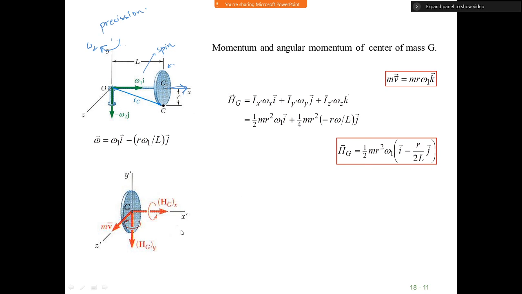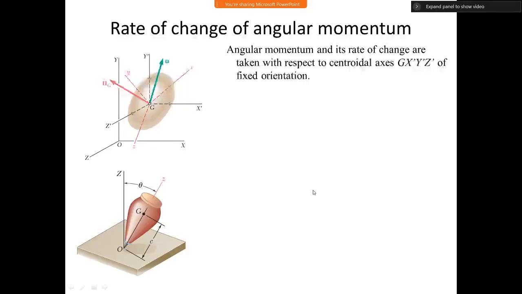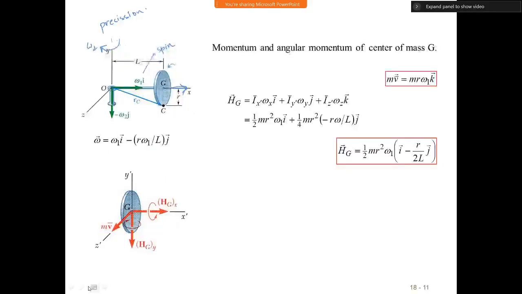One equation is that force is equal to mass times the acceleration of the center of mass. The next equation is that the rate of change of angular momentum is equal to the net moment acting on the system, right?